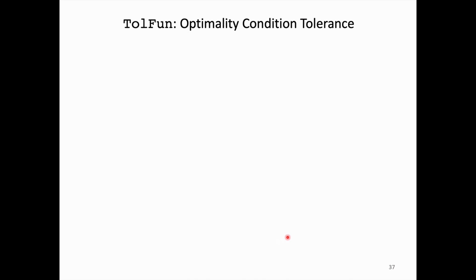TolFun. This helps us to specify the optimality condition tolerance. Remember, optimality conditions, at least the first order optimality conditions, are necessary conditions. We set the gradient equal to 0. And one way of expressing the tolerance here is that the norm of this is less than or equal to some tolerance. Now, notice we've seen TolFun before. We've already used TolFun, and so that's why I'm saying epsilon 3 is equal to epsilon 2.